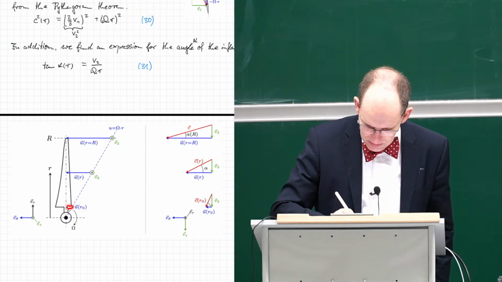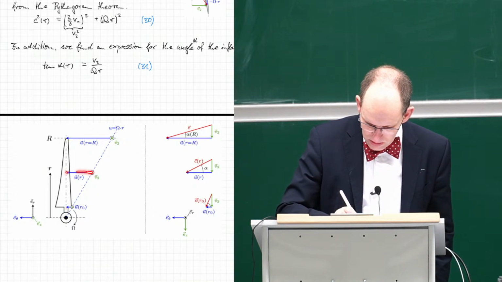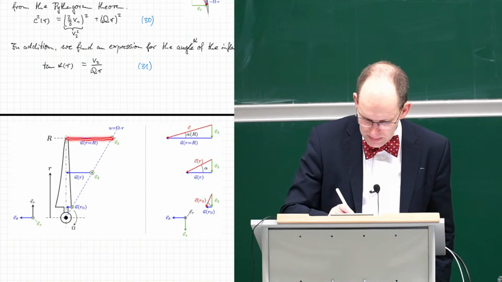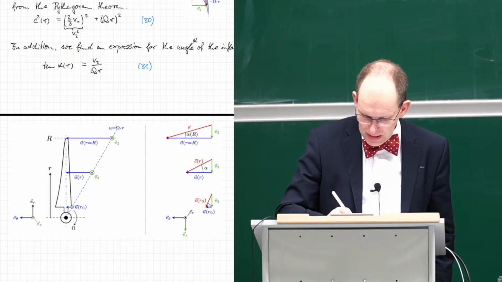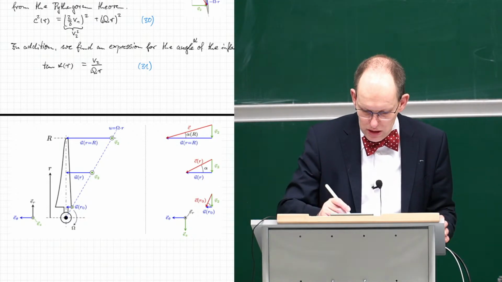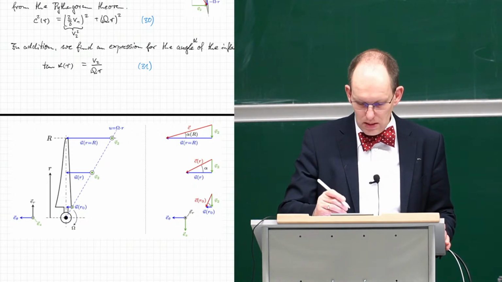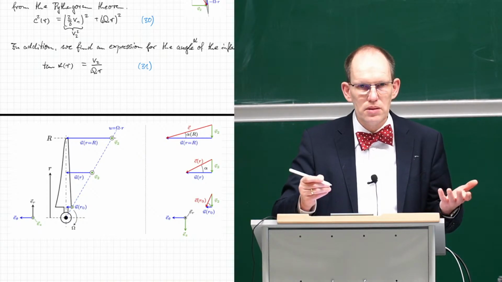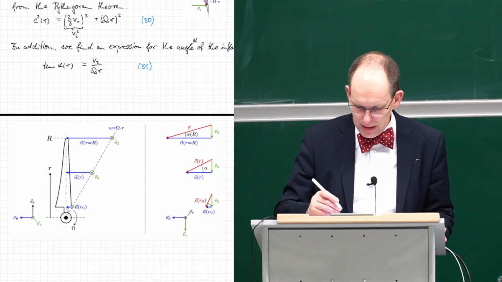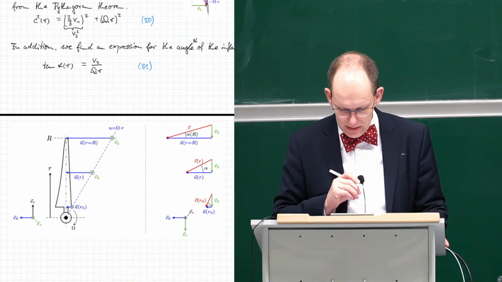In blue I always have the speed of a blade element, right? And you see that we can easily demonstrate geometrically how the speed of the rotor blade increases with the radius.